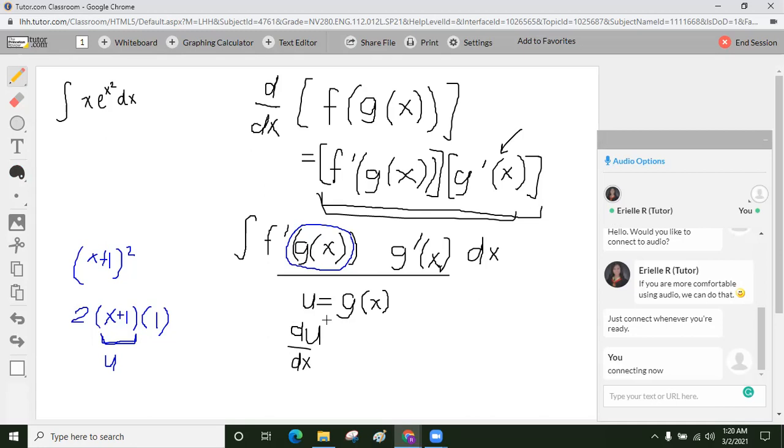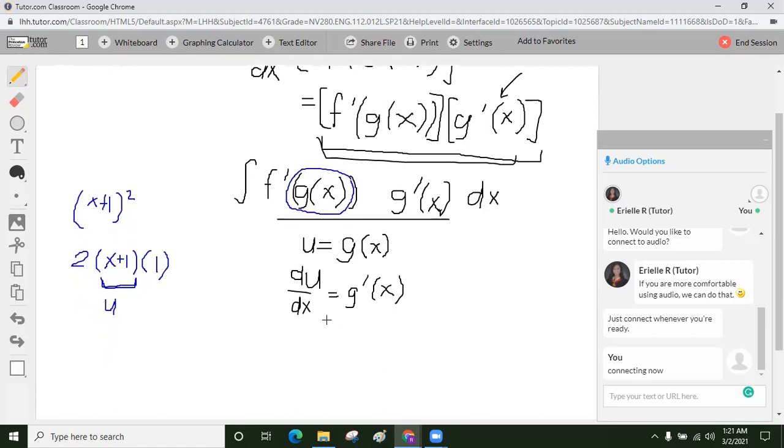Yes, so that is correct. Since you are differentiating the function u with respect to x, that is absolutely correct. So you are differentiating u with respect to the variable x. Okay, so we can rewrite this. This one will be g prime of x, since we don't really know what g of x is. So we will denote it as g prime of x.